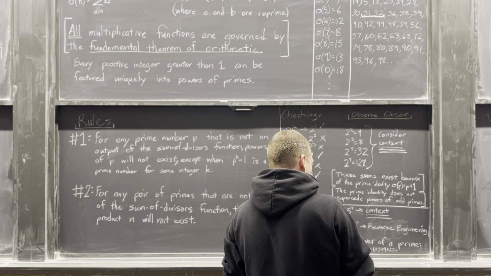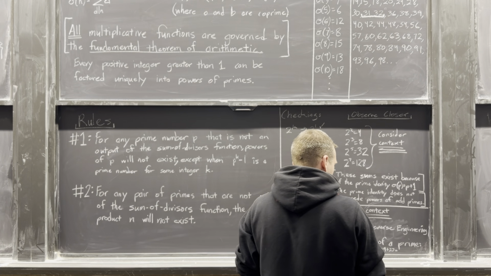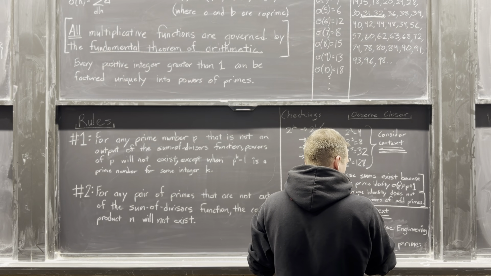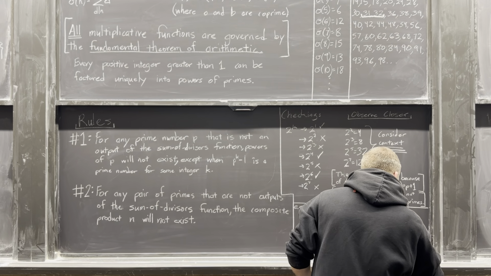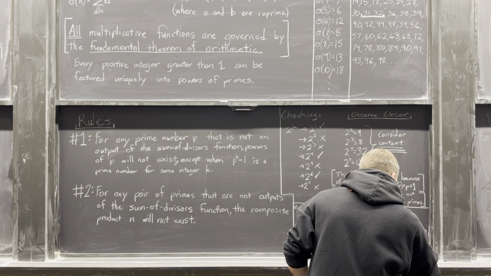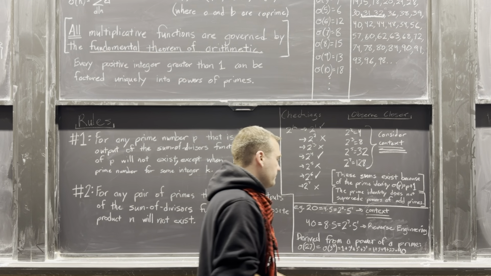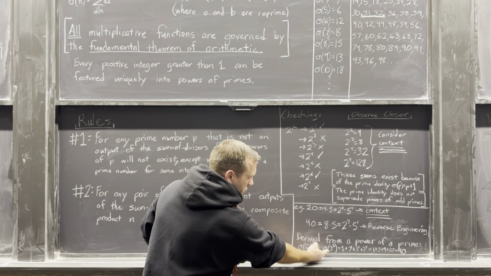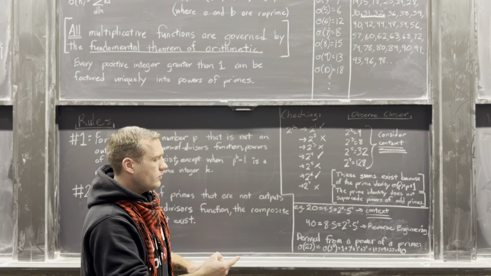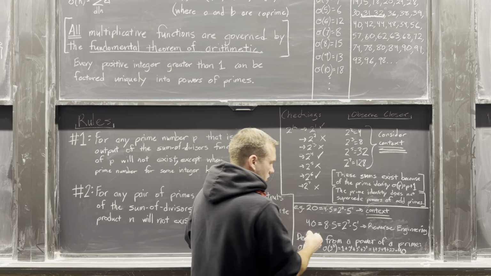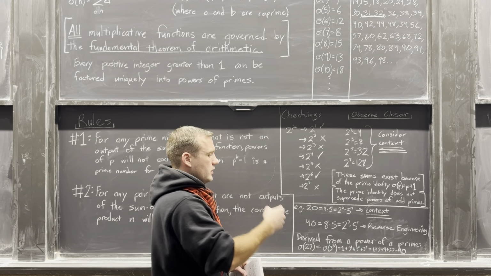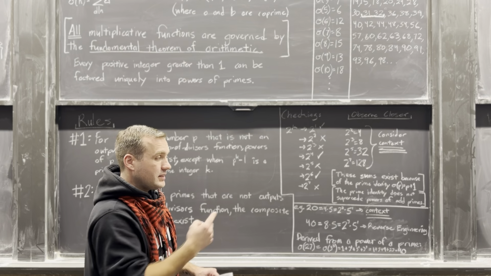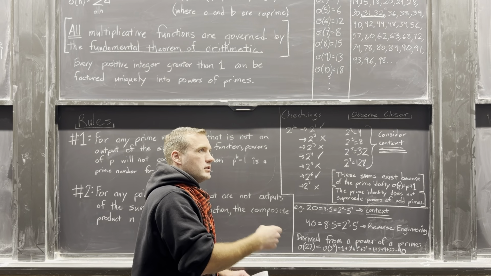Why am I messing this up? No, that's correct. 27, 26 plus 3 is 29, 39, which is equal to 40. And we cannot break this up into sigma of 3 times sigma of 3 times sigma of 3, because sigma of 3 is one more.